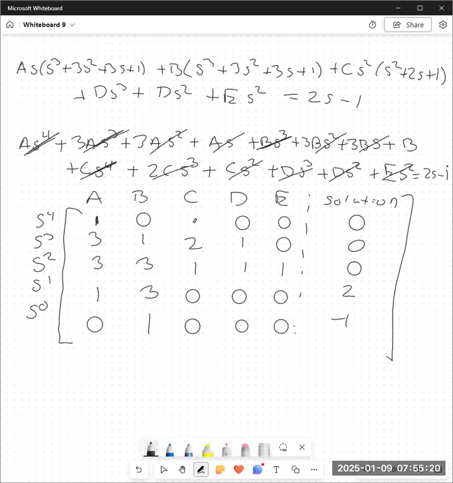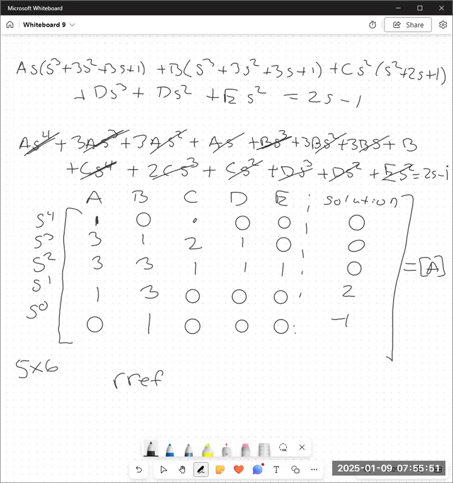So when I set this up in my calculator in my matrix menu, this is going to be 5 rows by 6 columns to set this up. I'm going to call this matrix A in my calculator, and then I'm going to use the reduced row echelon form command in my matrix menu, the second matrix math that's down towards the bottom of the list.